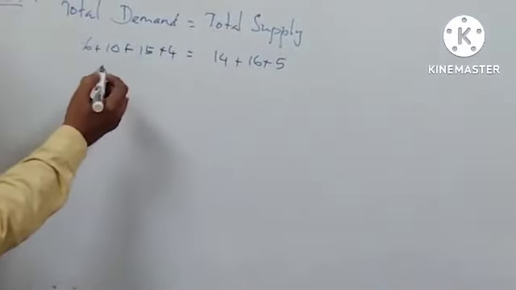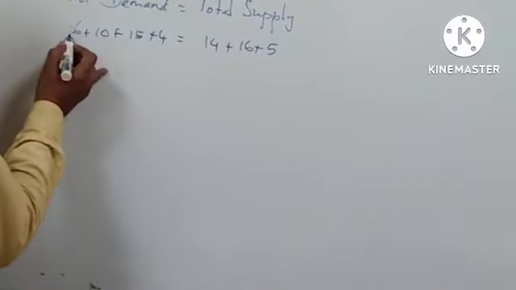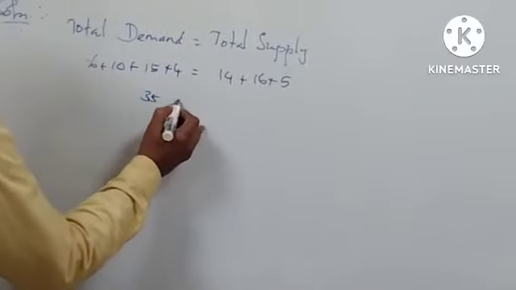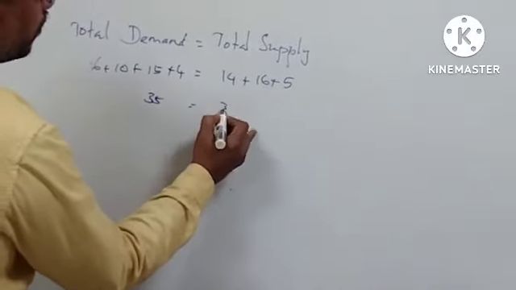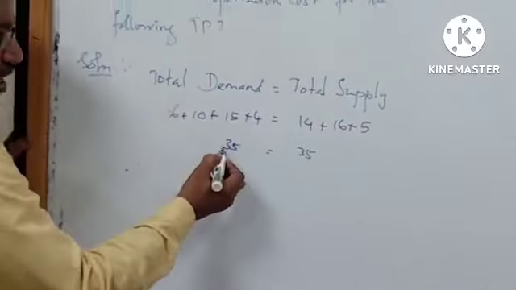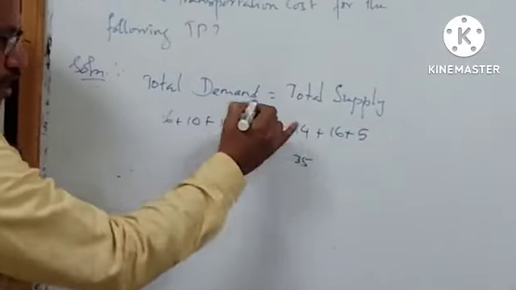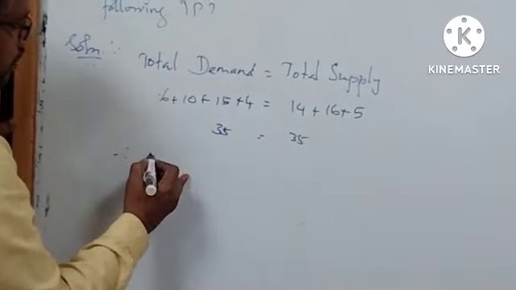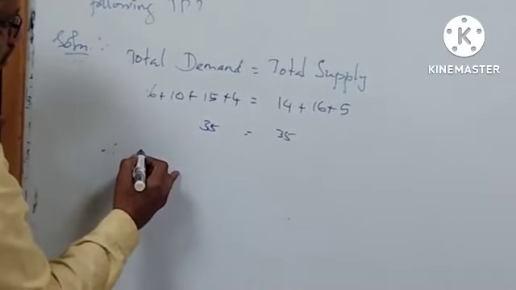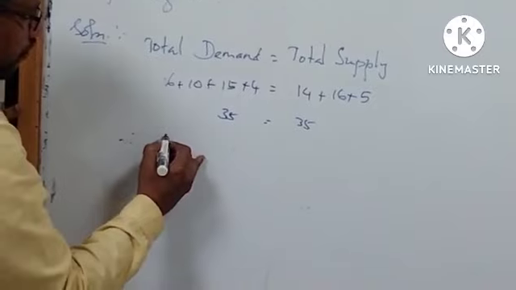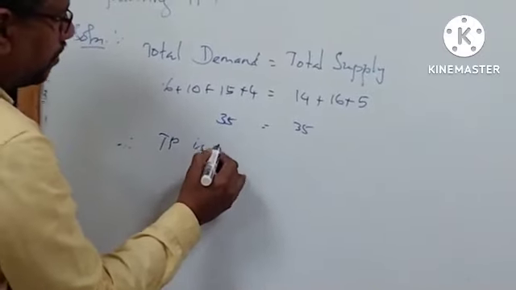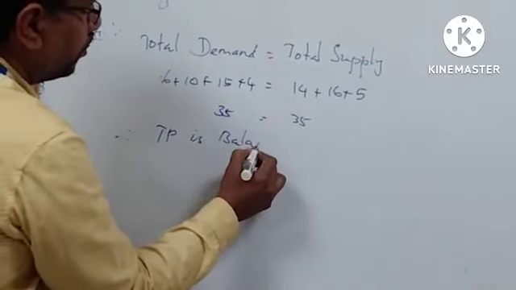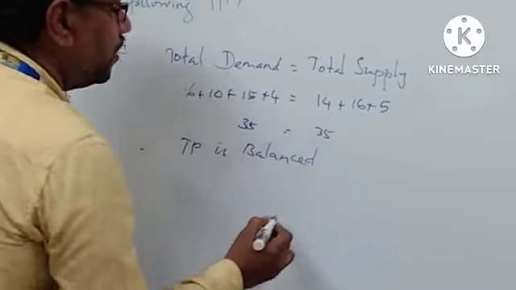Put together you will get 35 equal to 35. Therefore, total demand is equal to total supply. Therefore, the given transportation problem is balanced. If it is balanced only, then you will be able to solve the problem by using these three methods.